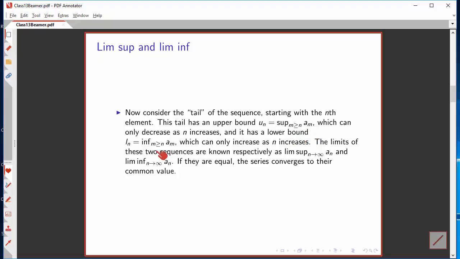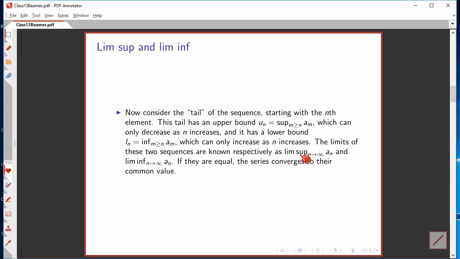Similarly, if you look at the tail of the sequence and ask yourself about the infimum, that infimum can only go up as you go farther along in the sequence. So you have a decreasing sequence of suprema, you have an increasing sequence of infima.